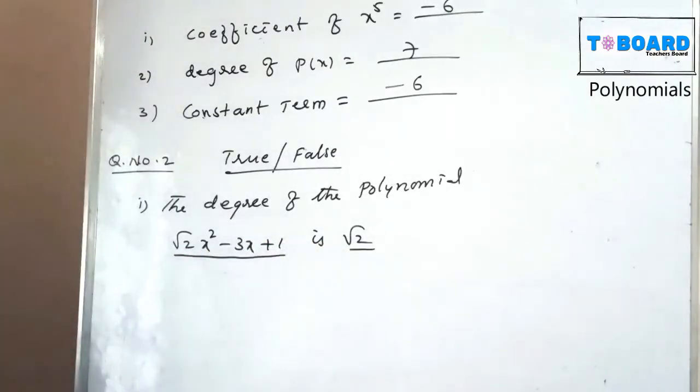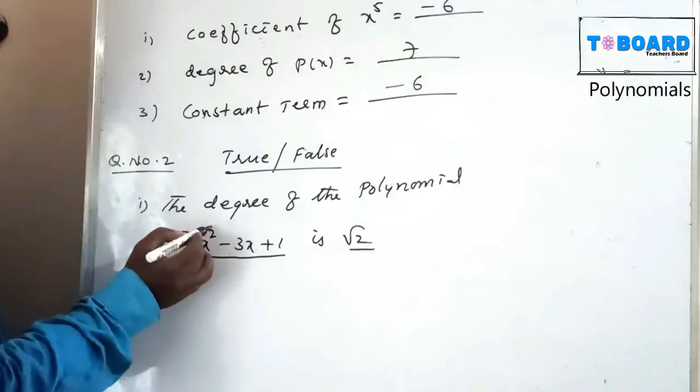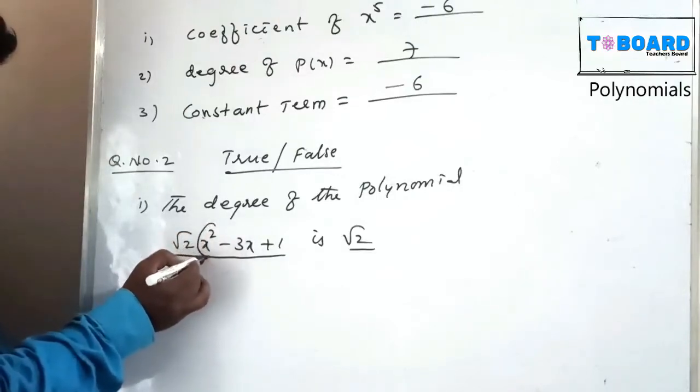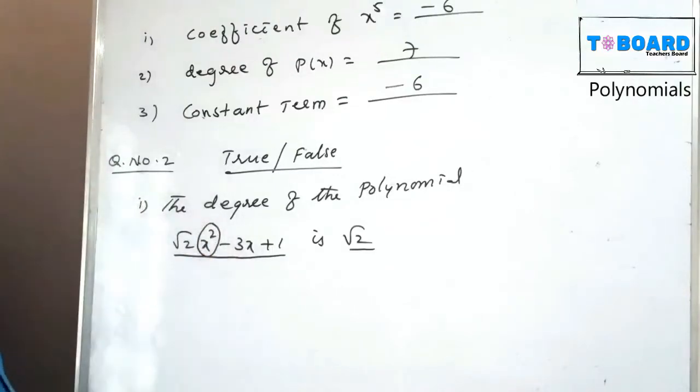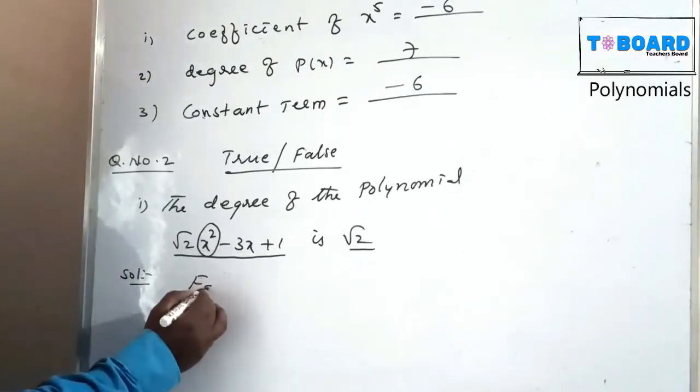Okay, it is a true or false type question, and we must justify our answer. If the degree is given as root 2, is it true or false? So what is degree? Degree means the highest power of x. How much is it? 2. Okay, and therefore it is false.